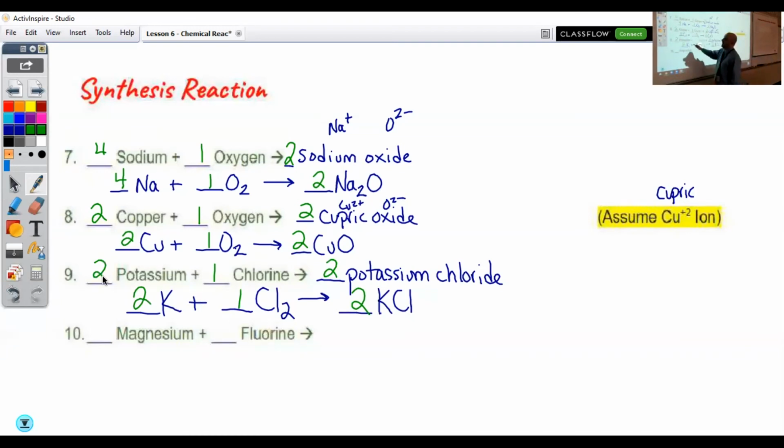And then finally, as our last example, we have magnesium and fluorine. That's going to react to give us magnesium fluoride.